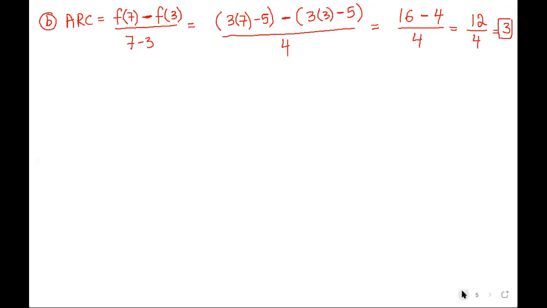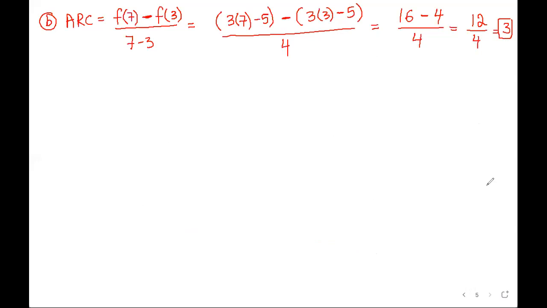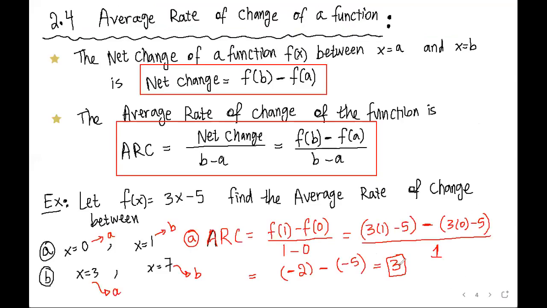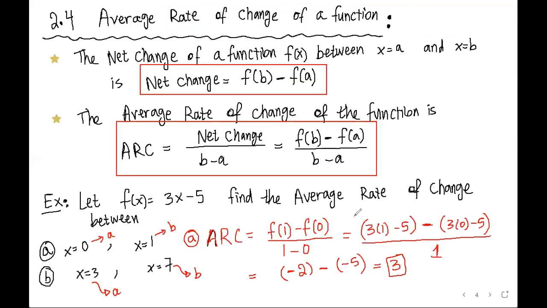So for the first one, the average rate of change is 3. For the second one, the average rate of change is again 3. Why are they the same? Because the function is linear. If the function is linear, the average rate of change is always the same between any two points.